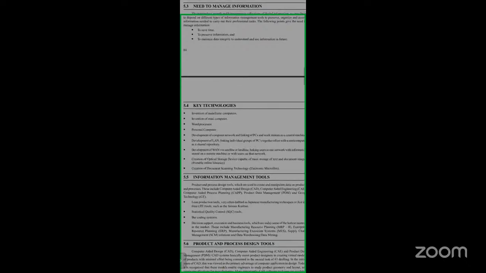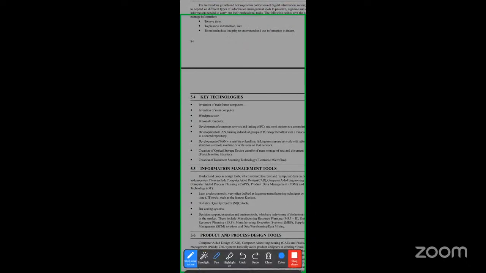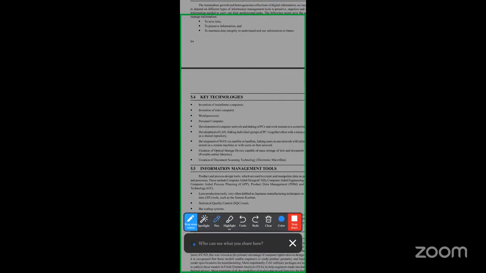We look at the invention of mainframe computers, mini computers, word processors, personal computers, and also the development of computer networks and linking PCs with workstations.